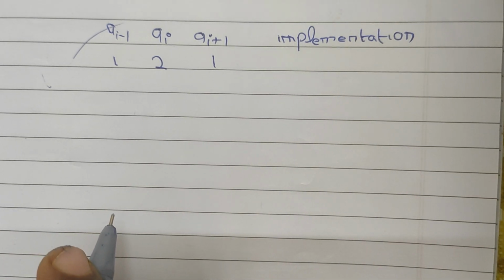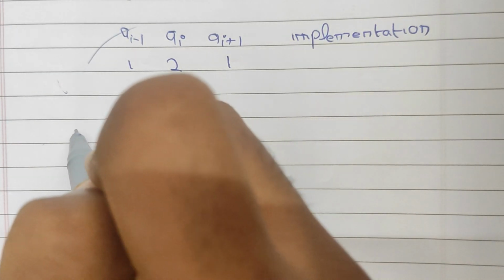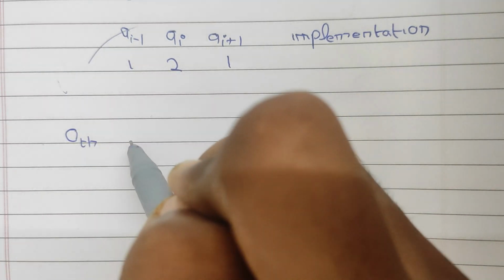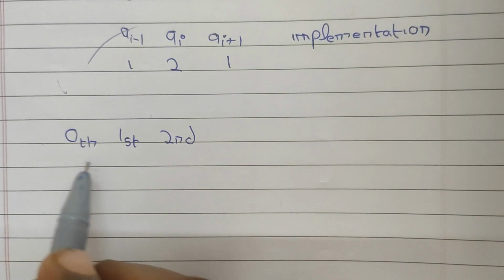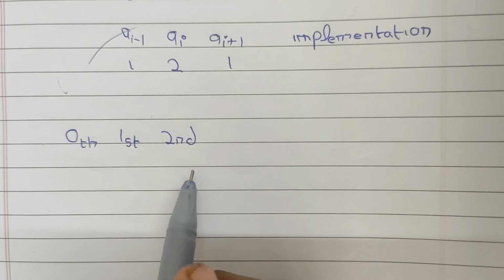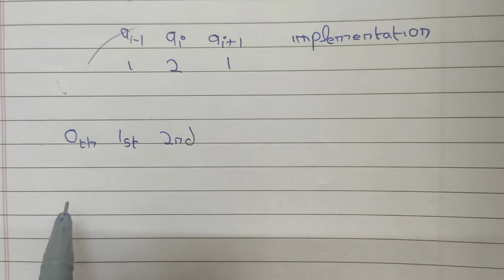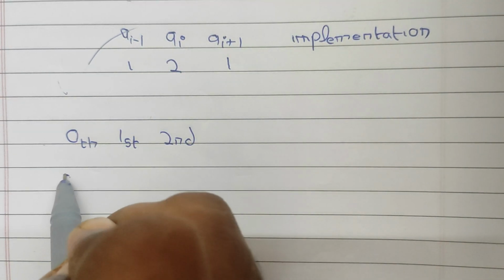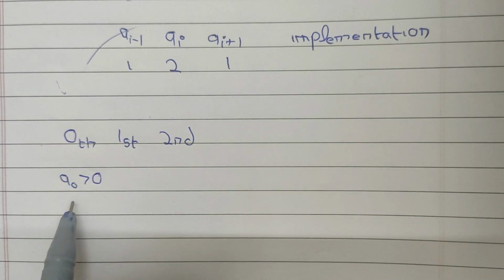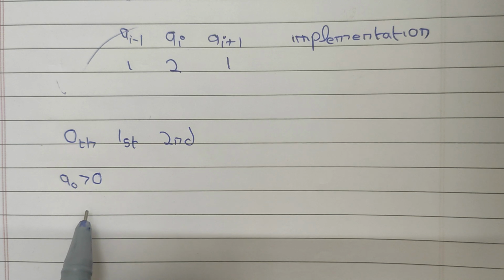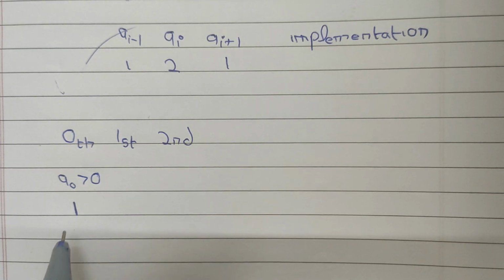Suppose we are standing on the 0th pile, with the first pile after that and the second pile after that. If a0 is greater than 0, that means it has at least 1 piece of loot, so we are going to take that piece of loot from the 0th pile.